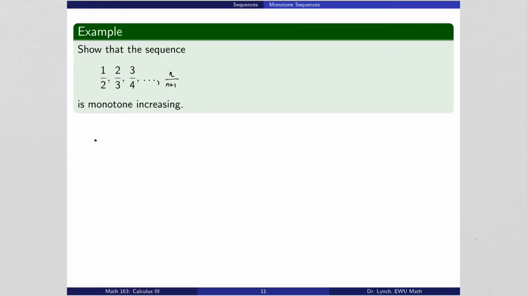For instance, the difference of the n plus first term and the nth term is given by n plus 1 over n plus 2 minus n over n plus 1. It's not hard to run through a little bit of algebra and show that this is equal to 1 over n plus 1 times n plus 2, which is certainly a positive number. So we can see that the sequence is increasing.